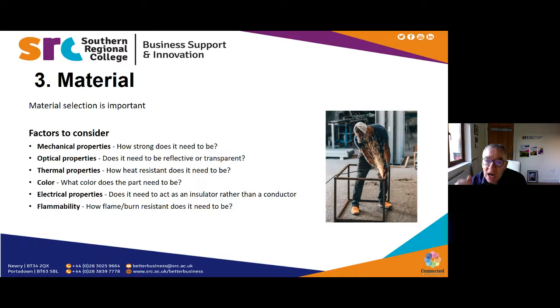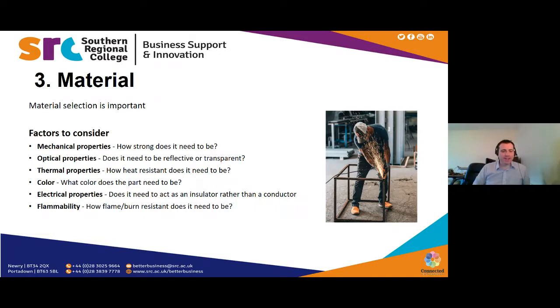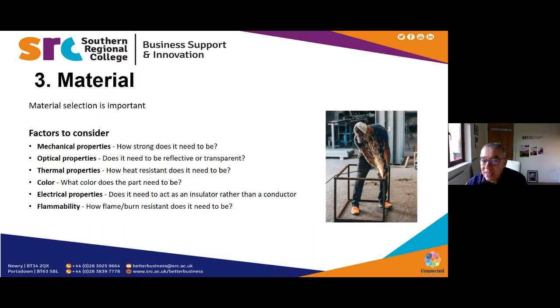Yeah, and my point is about the factors to consider on the materials in the design process, these 6 that you've listed here. I found it really interesting that with the client you're able to interchange any of these factors, go into them and spend a bit of time saying, actually, think again about the thermal properties, think again about the color or the electrical properties.